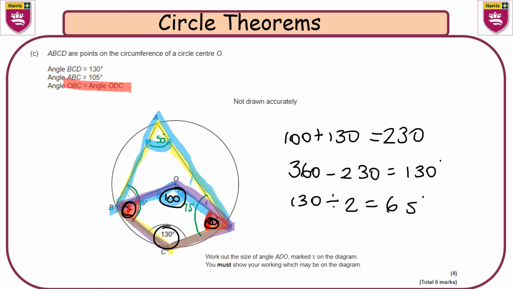That means this section here is 65. This bit here was 75, and this bit now, which was X, and this is what I wanted to find out, is now going to be 75 take away 65, and that's 10. So that is going to be 10 degrees.